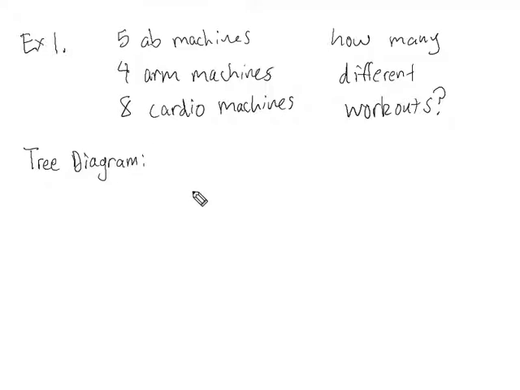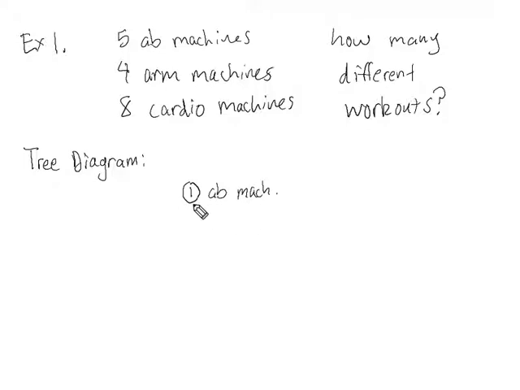Okay, so the first thing we would do is pick an ab machine. So let's just say we picked ab machine 1. Not listing all the ab machines here, but I think once I do one of these, you'll get the idea.